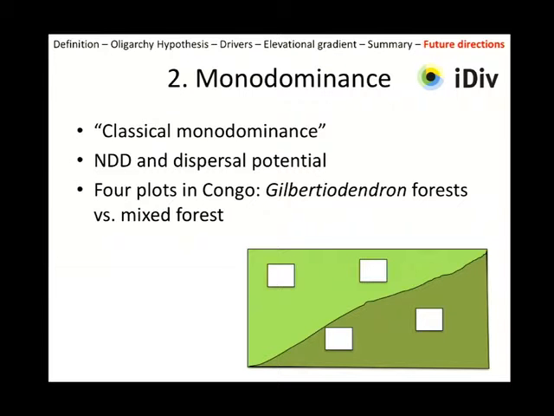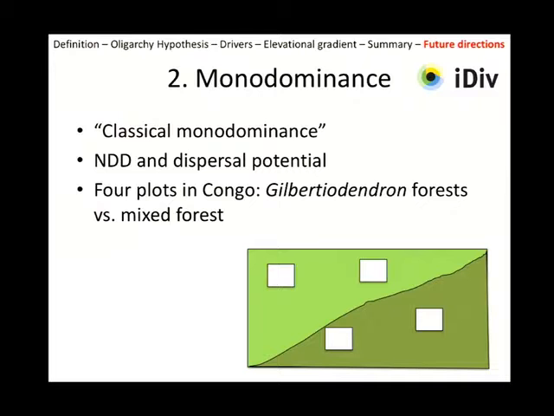This classical monodominance refers to the fact that these forest types are not distributed because of different soil conditions or flood regimes or anything that is very obvious. So essentially we have radically different forest types and no clear explanation of why they coexist in the same landscape.